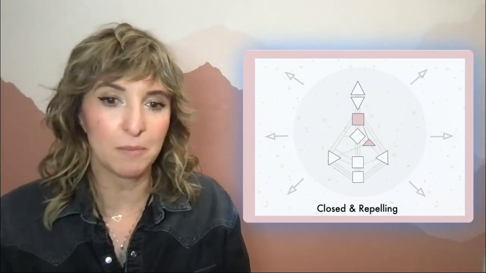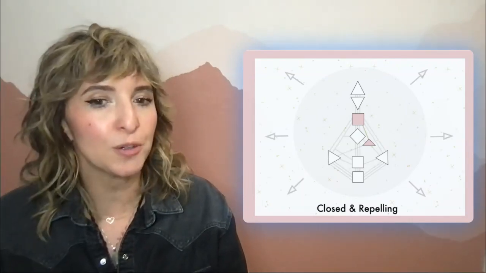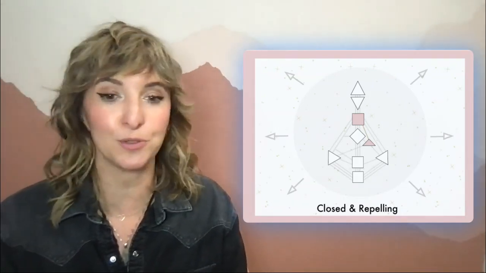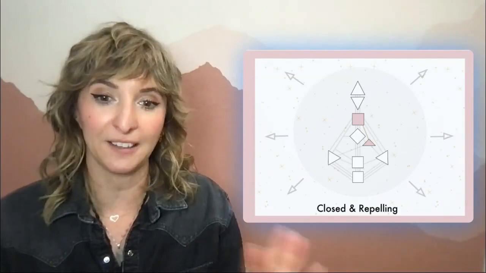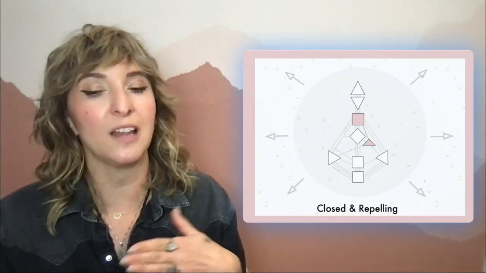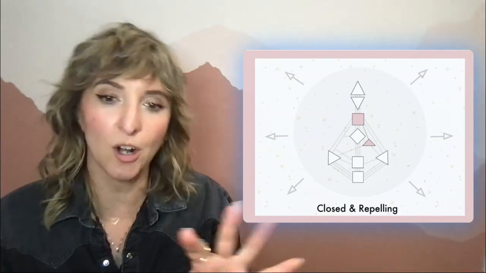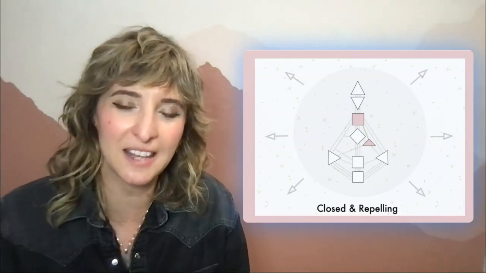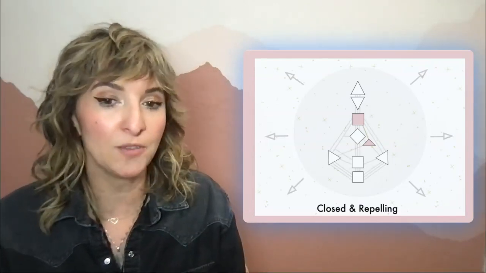And this doesn't mean that manifestors don't want to connect to other people. We will talk about what it means to connect to others through your definition in the chart at a later point in this masterclass. But because they have a closed aura, a lot of the time people feel like it's hard to reach them. Like it's hard to get in there and understand what's going on for them.